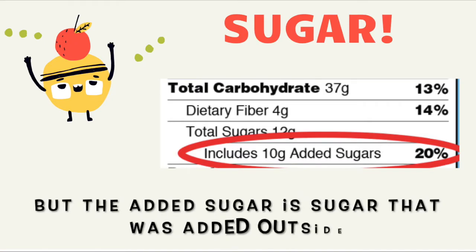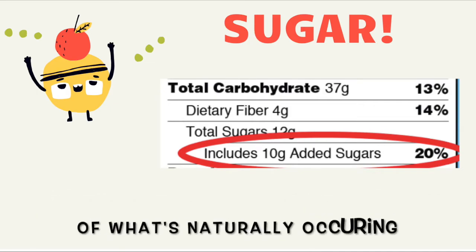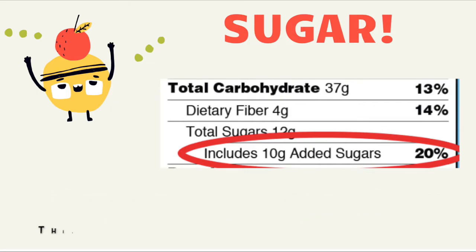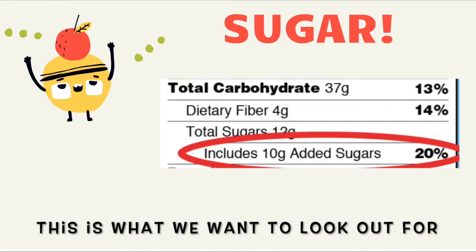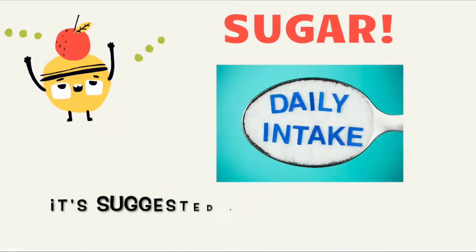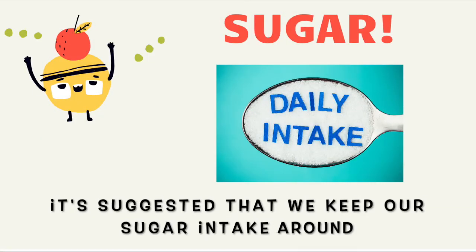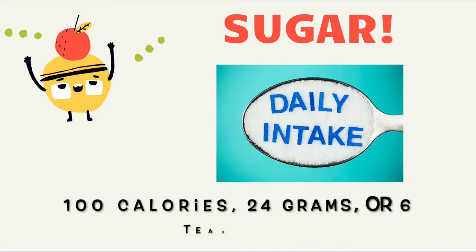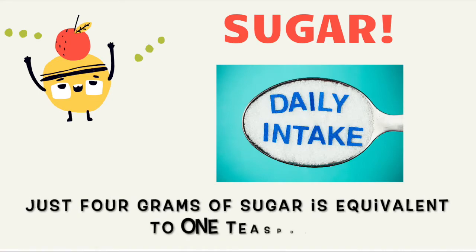But the added sugar is sugar that was added outside of what's naturally occurring. This is what we want to look out for. It's suggested that we keep our sugar intake around 100 calories, 24 grams, or 6 teaspoons. Just 4 grams of sugar is equivalent to 1 teaspoon.